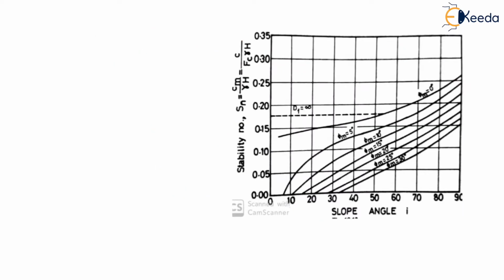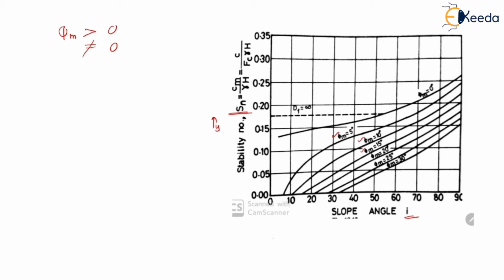This is the first stability chart, which is obtained for soil having phi m greater than 0, or phi m not equal to 0. These charts are prepared by indicating stability number on the y-axis for different values of slope angle and for different values of phi m, that is the mobilized friction angle.